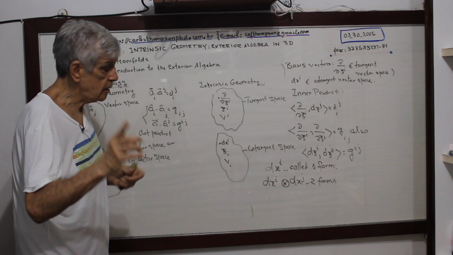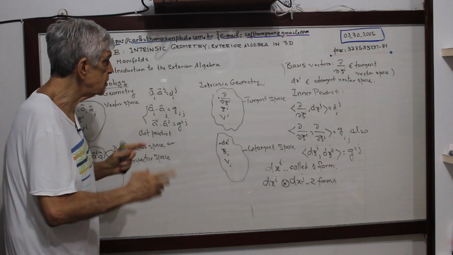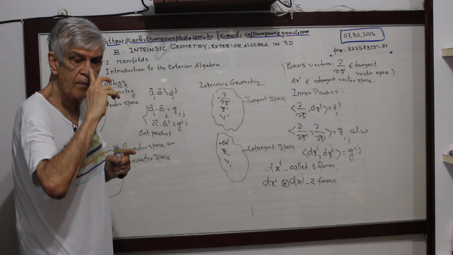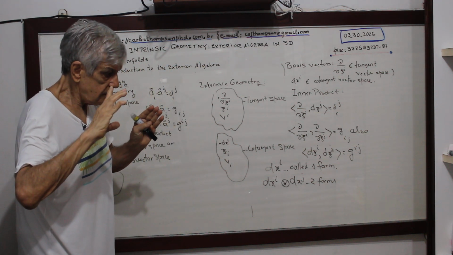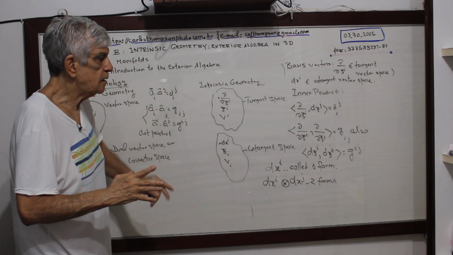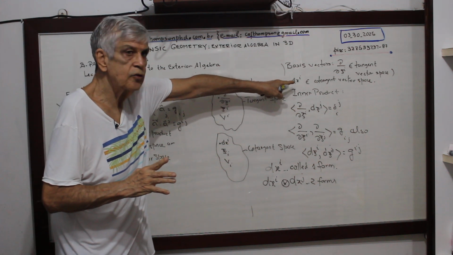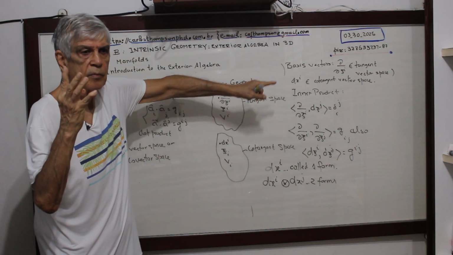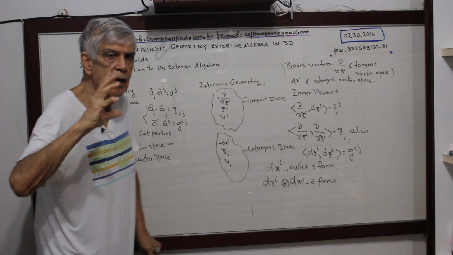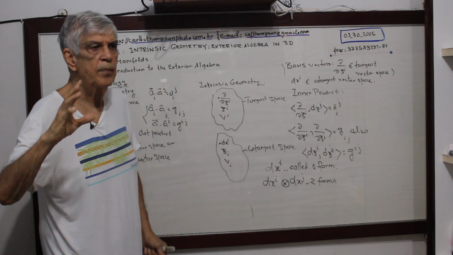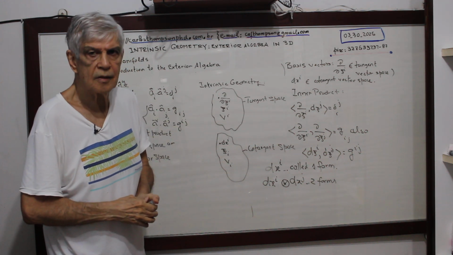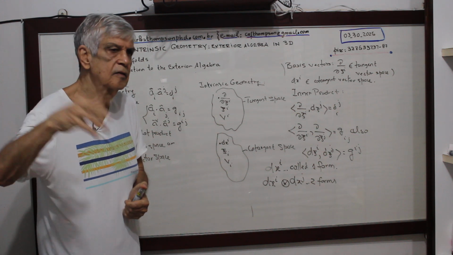But I will insist on this. For the intrinsic geometry, it's important to understand that we can apply 3 and 4 dimensions because, for instance, in the relativity theory, you deal with 4 dimensions, not 5, 6, and so on.